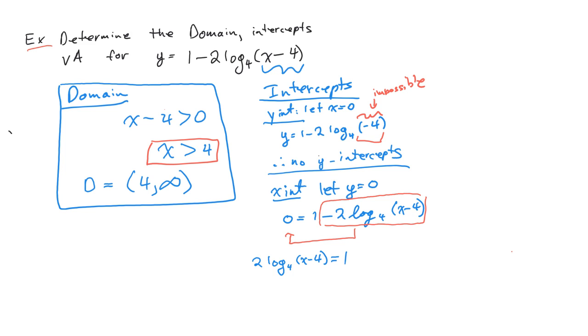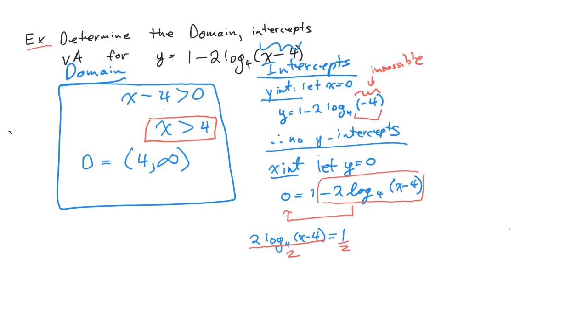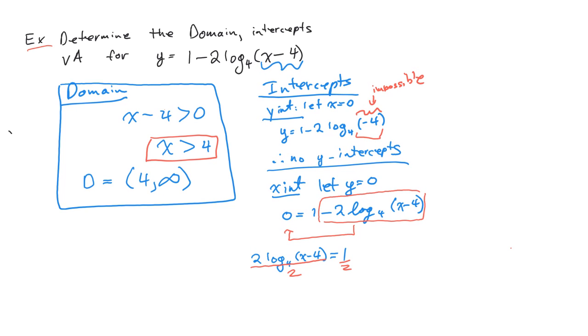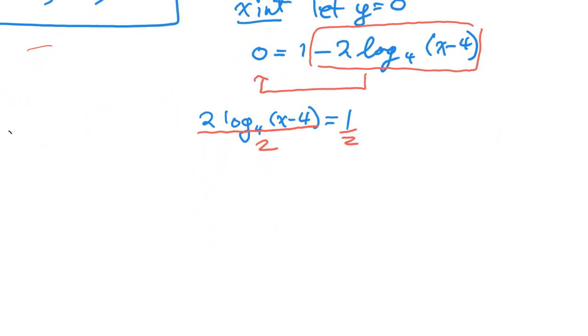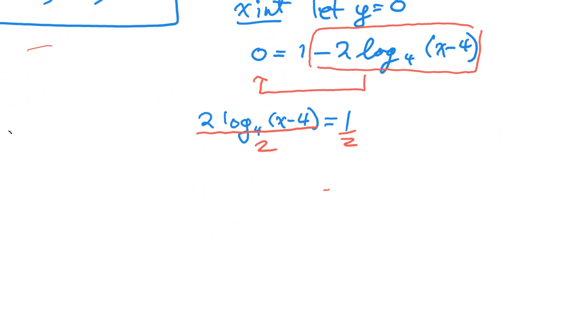And to get the log by itself, we divide both sides by 2, which means we have 1/2 equaling log base 4 of x minus 4.